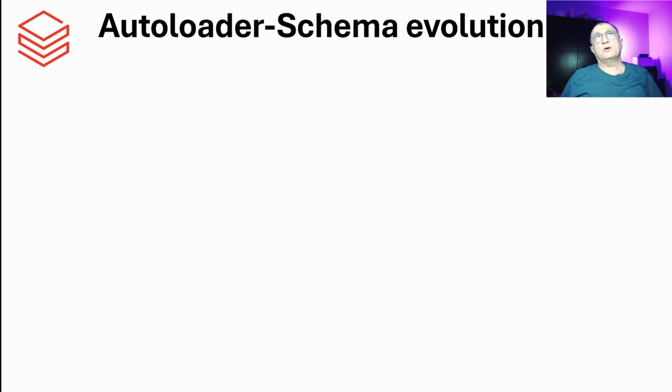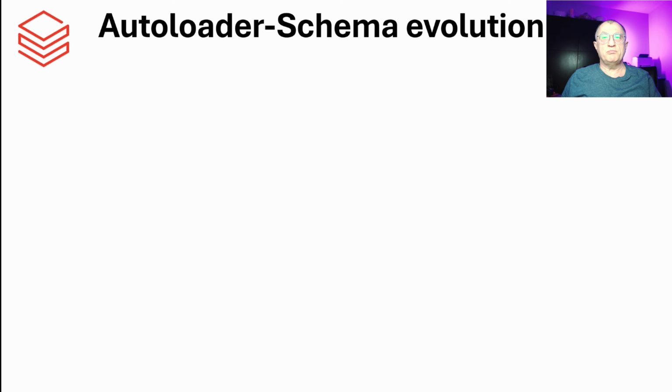So let's talk about Autoloader's Schema Evolution features. So first of all, what is Schema Evolution? Schema Evolution is the ability of your system to adapt to ever-changing structure of your input files. Those of you who have built ingestion pipelines know that input file structures are rarely static.